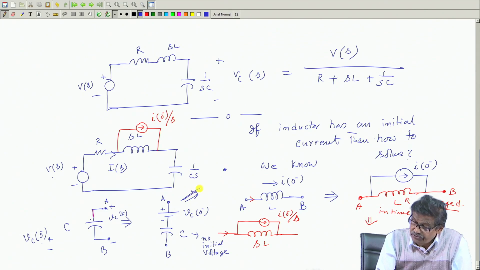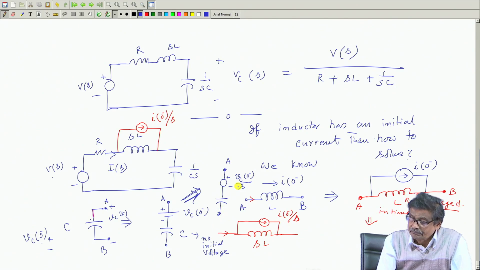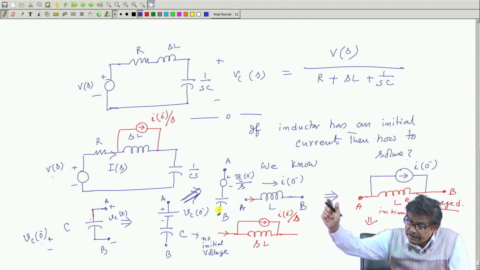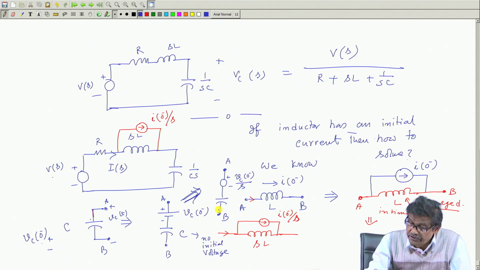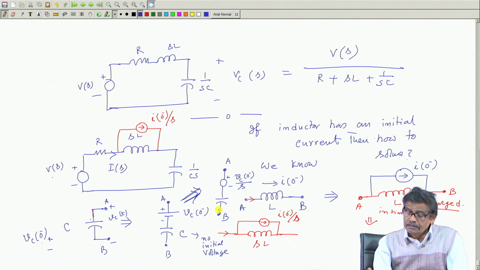Between points, from this to this I am drawing A, I will say there is a voltage source, plus minus, whose Laplace transform is Vc0 minus by S, and this uncharged capacitor, that is the point B. So, voltage across the capacitor at any instant you can find by calculating VAB(s), and then it will allow me to solve the circuit.